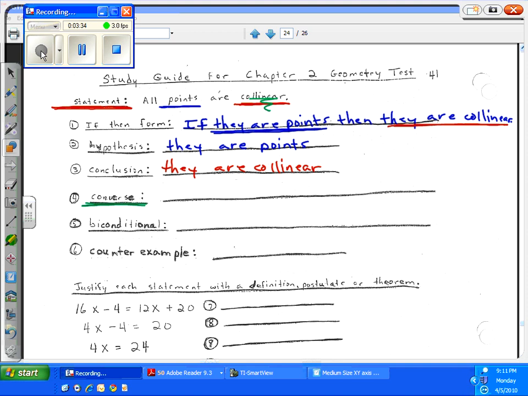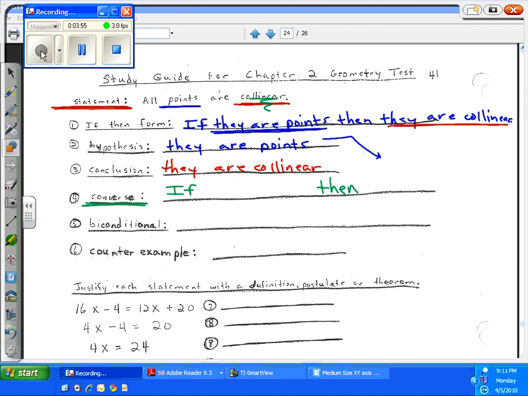The converse. To write the converse, we switch the if and the then. We're still going to have if and then where they were, so we're really not switching the if and the then, we're switching the hypothesis and conclusion.